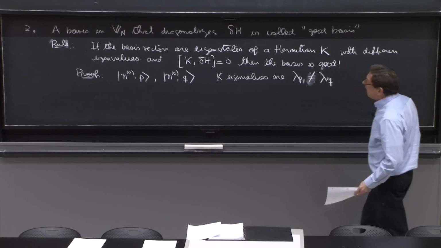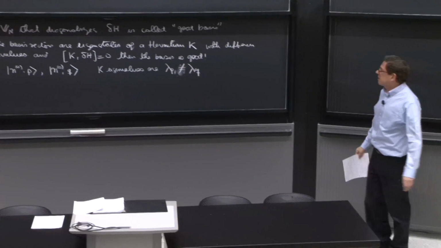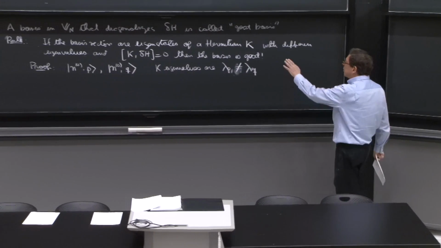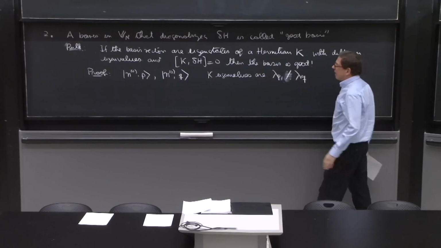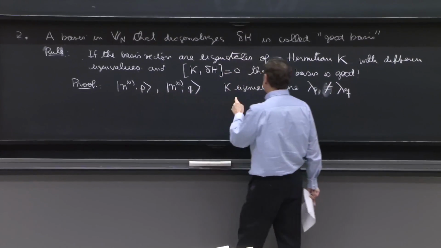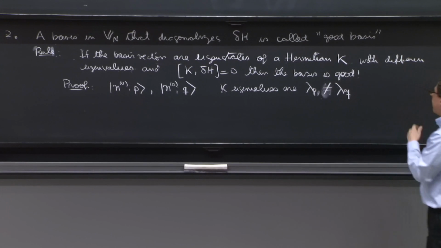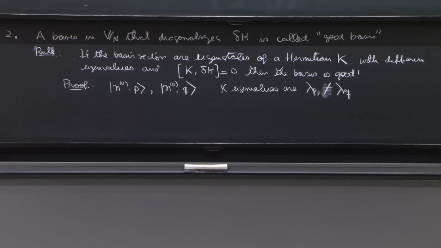So we said that the basis states are supposed to be eigenstates of this Hermitian operator K, and all of them with different eigenvalues. So here I wrote two states that are part of our basis, and I say the K eigenvalues are lambda p and lambda q, and they're different from each other. So far, so good.